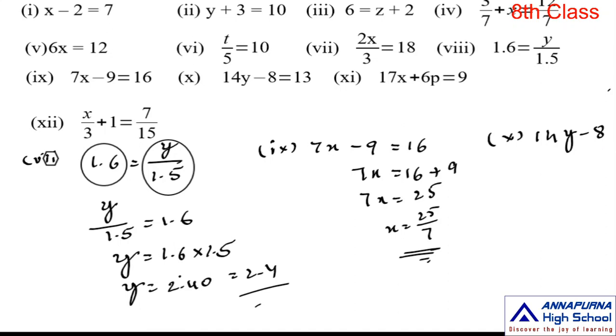First transpose the constant term to the right side. 14y is equal to 13 plus 8, which is 21. And y is equal to, transpose this 14 to the right side. 14 is multiplied by y, so when you transpose it to the right side, it divides. So 21 by 14. When you write it in simplest form, 7 times 3 and 7 times 2, so y is equal to 3 by 2. So this is the 10th one.